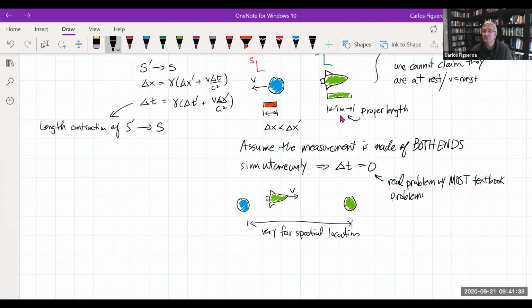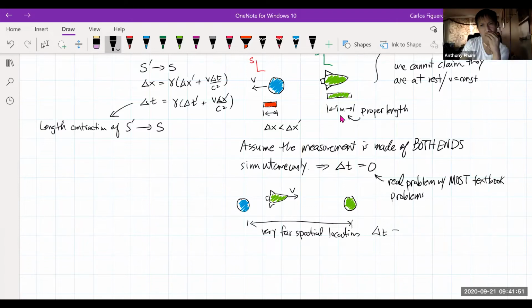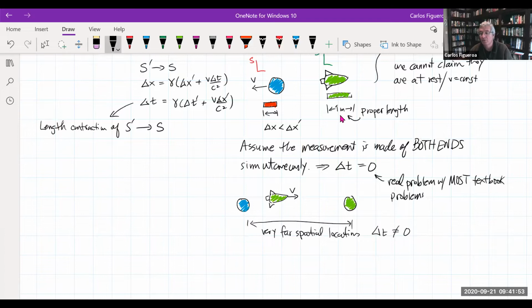So let me ask you this question. Can you make those two measurements simultaneously? No, you can't. As a consequence, this delta t is not equal to 0. But textbooks will say, well, we're going to assume that you could make these two measurements simultaneously.